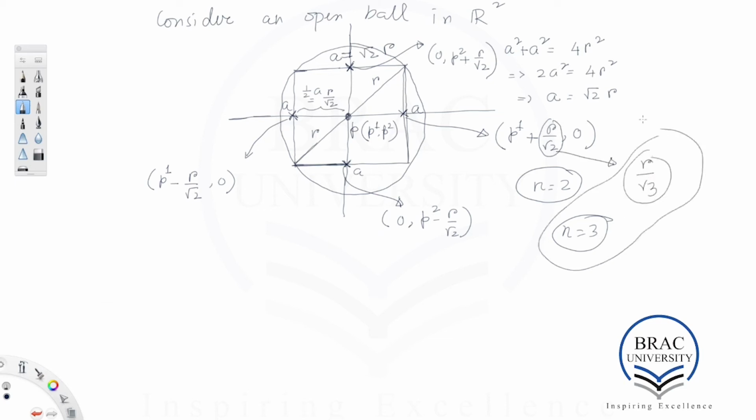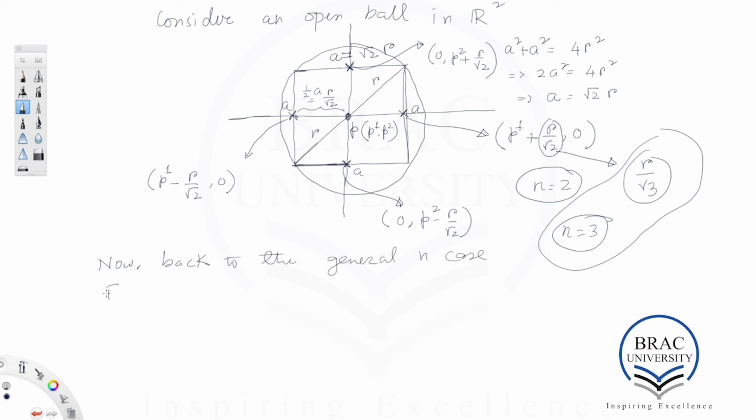I'm not going over the n equal to 3 case. Okay, now back to the general n case.